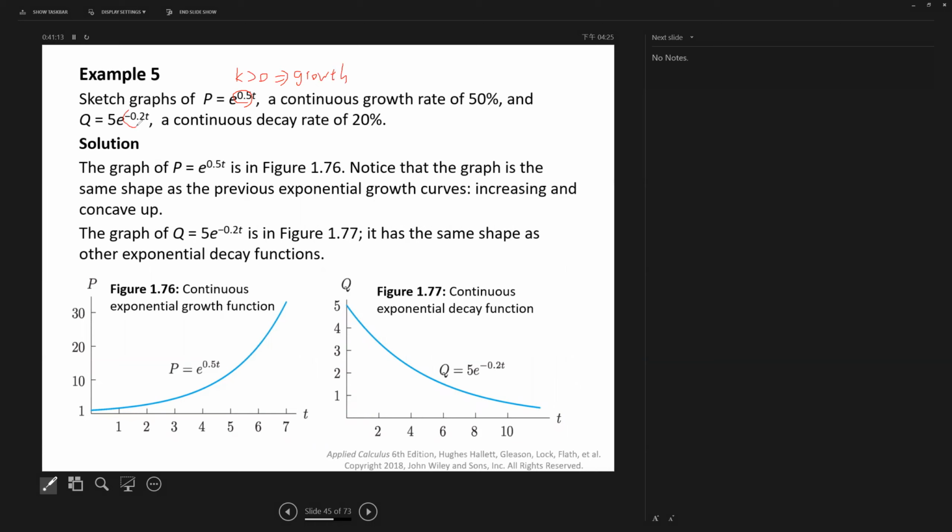If k is negative, then it's a decay. So the first one is an exponential growth and Q is an exponential decay. Now this is continuous growth and decay. We're not looking at annual anymore. It means the standard formula we're looking at is P equals P0 times e to the kt.